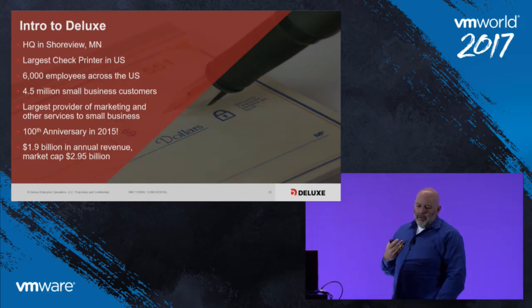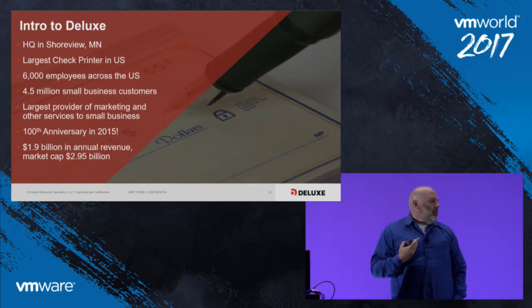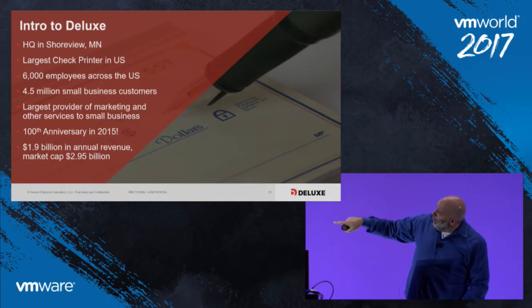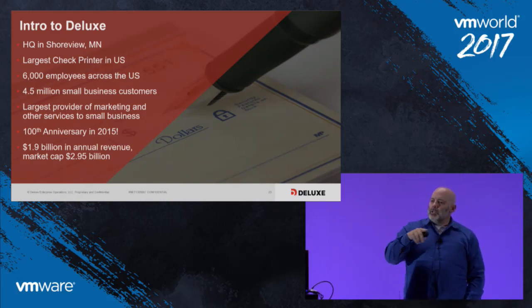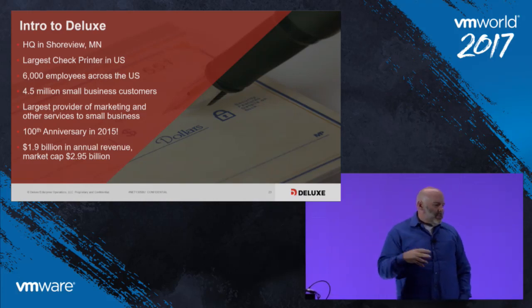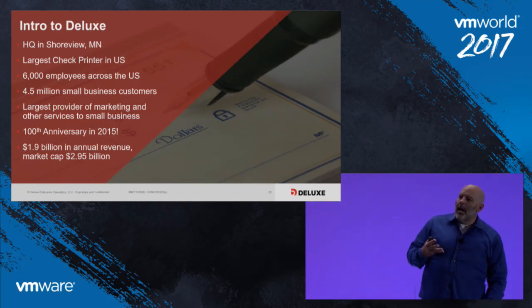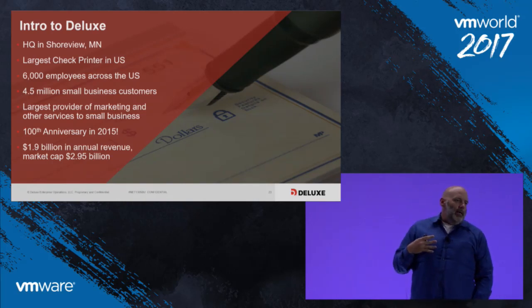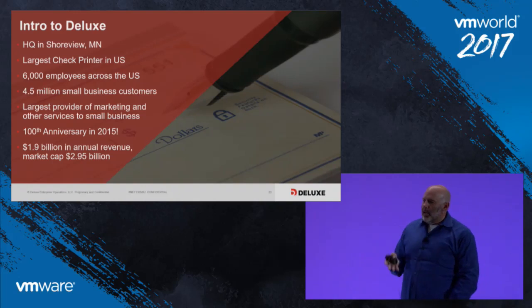So Deluxe was a huge innovator in the check. The little micro code that you see on the magnetic ink digits on the bottom of a check was a Deluxe invention. Deluxe invented a lot of check security things, fraud prevention in checks.